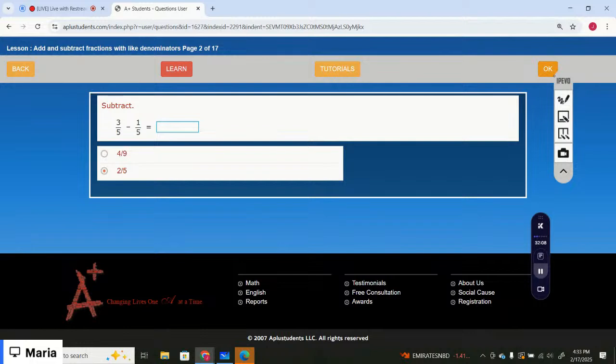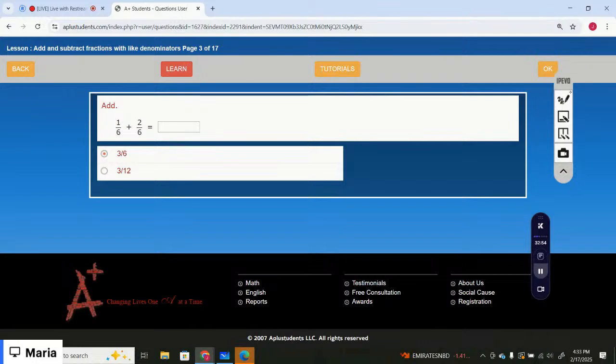That is 2 by 5. Option number 2 is the correct option. 1 by 6 plus 2 by 6.